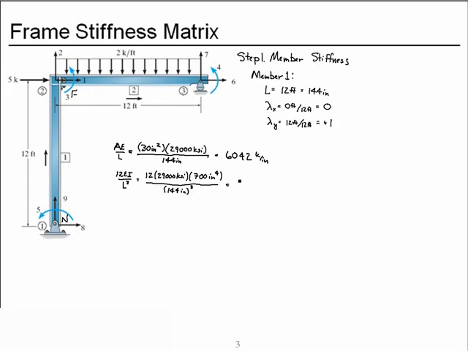When we evaluate this expression, we get 81.6 kips per inch.